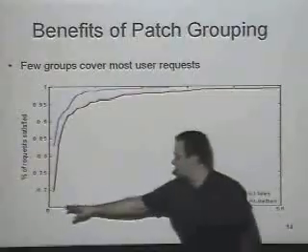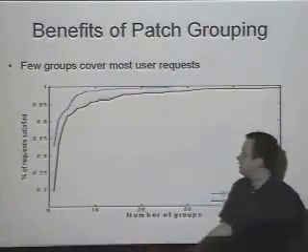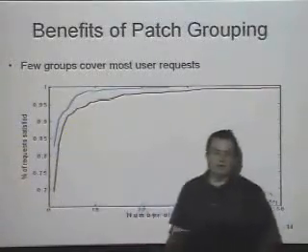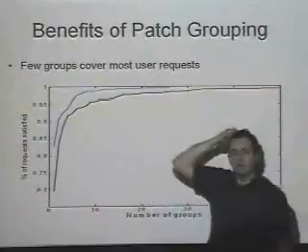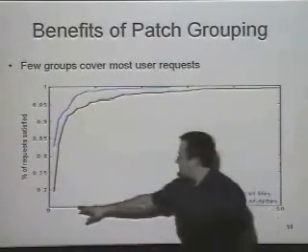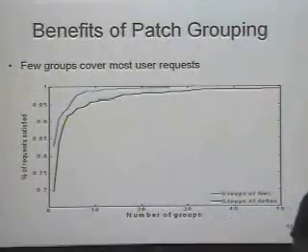So group 1 corresponds to the largest group, group 2 the second largest, and so on. What this tells you is that group 1 already covers more than 80% of the users, and then this increases in a concave way. So it really tells you that a few groups are sufficient to cover a large fraction of the users.